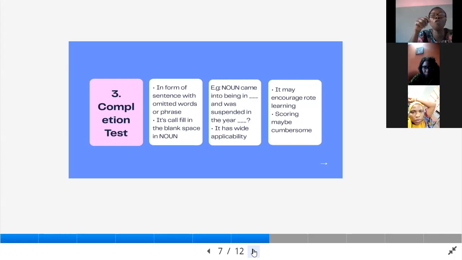It can be called filling the gap or filling the blank space. For instance, "National Open University came into being in the year dash," or "National Open University that came into being in 1983 was suspended in 19 dash." I am supposed to put that, but I'm leaving it open for my students to complete.